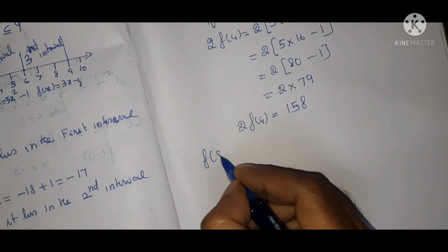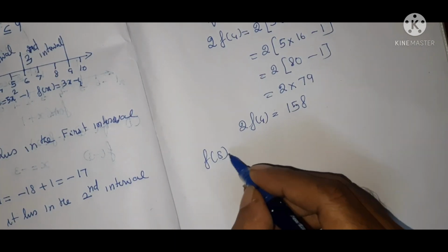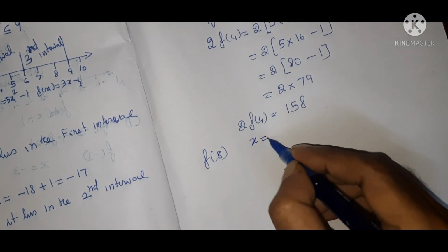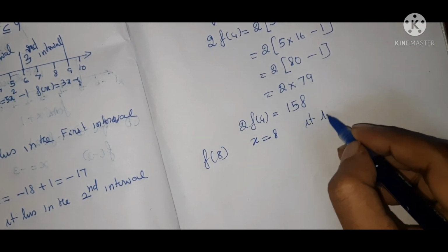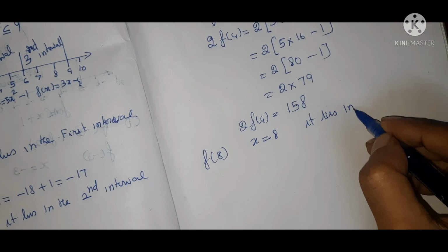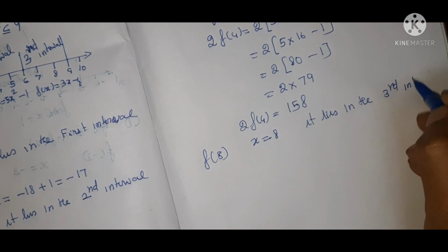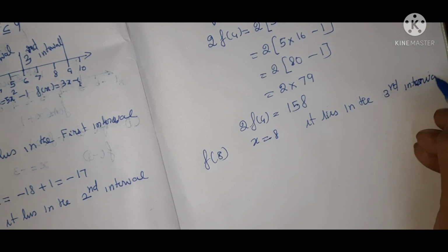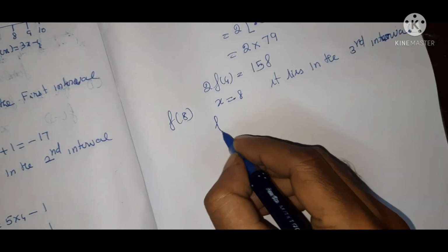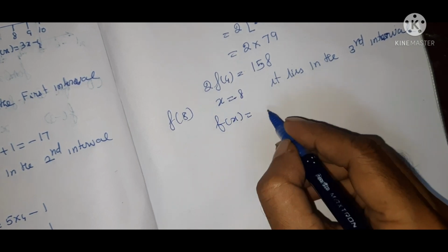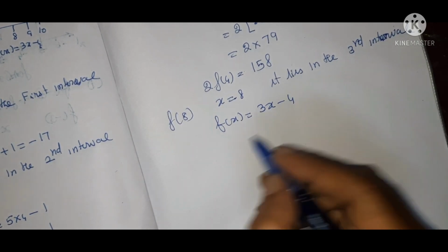F of 8, that is, here x is 8. It lies in the third interval. Third function is f of x is equal to 3x minus 4.